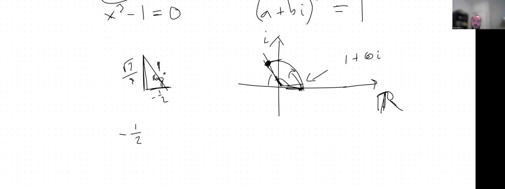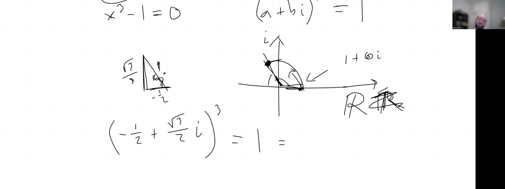Plus square root 3 over 2 i. And that should be the number. And when we take this to the third power, that should be 1 or 1 plus 0i, hopefully. Somebody please check. I might do another video actually checking this.